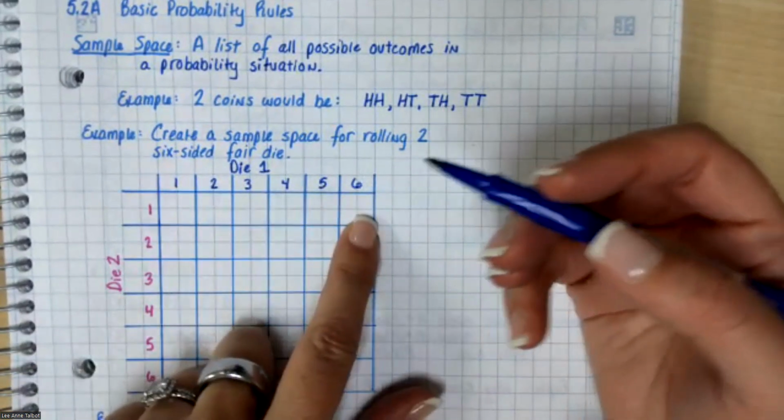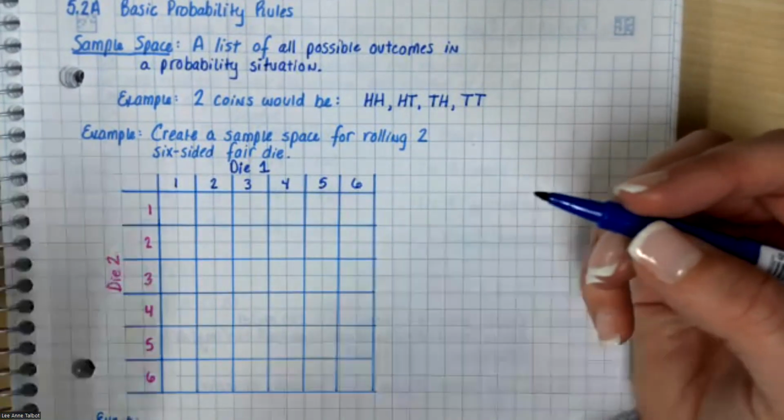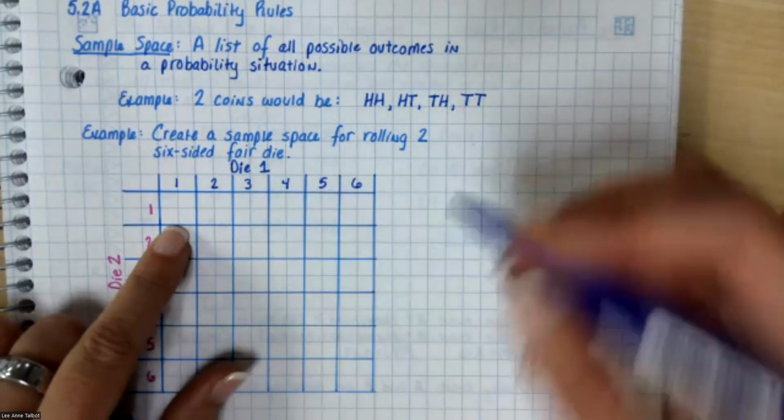All right, so what we're going to do in our sample space is we're going to put the outcomes of each one, and then we're going to put the sum.